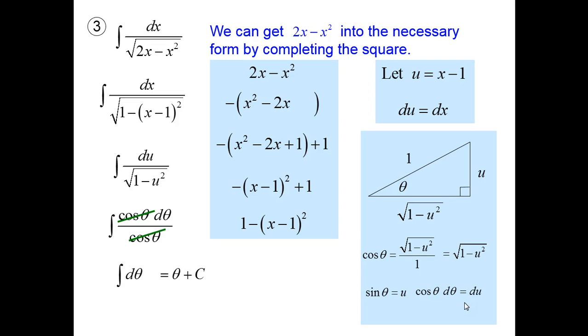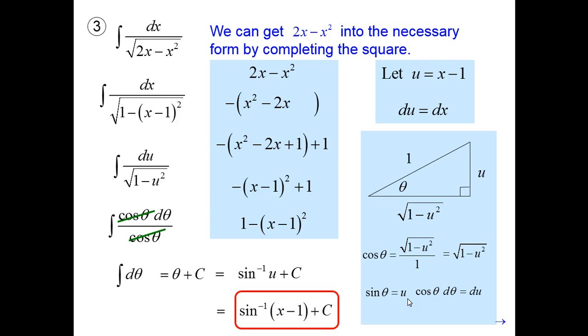Now remember, as we talked about yesterday, we have to go back to this expression in terms of x. So since sine theta was equal to u, that means theta is arcsine of u, and recall that u was x minus 1.